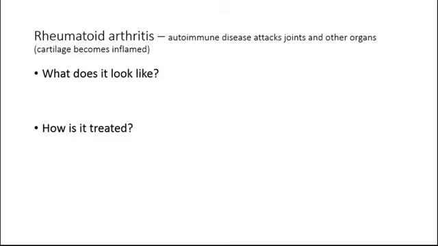And so what does it look like? Well, the joints may appear swollen, painful, they look inflamed, and then we have deformities. The deformities usually involve the hands and feet, all right? That's what it ends up, the end result of rheumatoid arthritis will be the deformities.